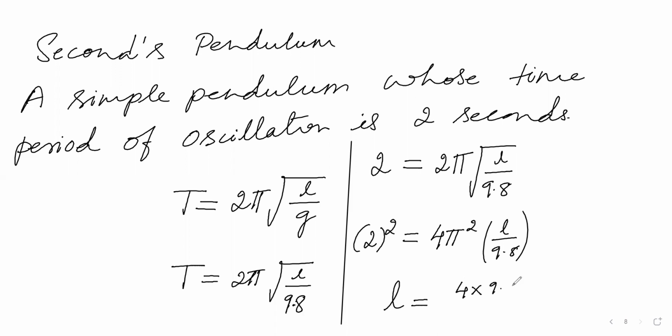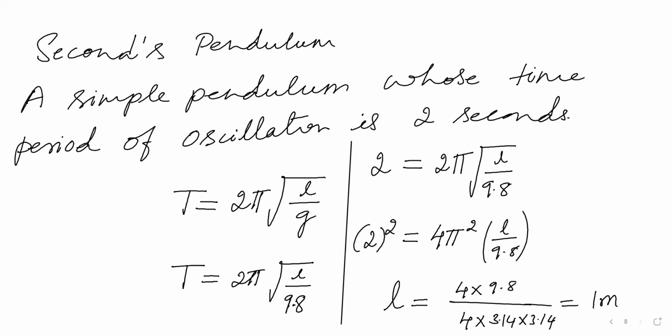If you further simplify this, L equals 4 into 9.8 divided by 4 into 3.14 into 3.14. Further, if you simplify this, we'll get approximately equal to 1 meter.